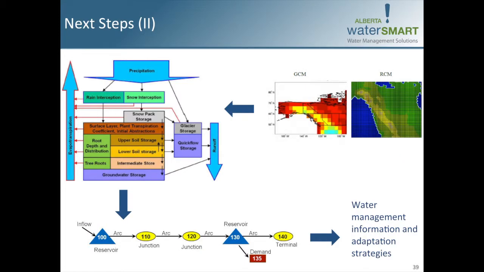Another next step, once we have that integrated model, is to start doing some of this physically based modeling in the basin. So you can actually start looking at changes in land cover, changes in land use, and how those affect runoff, timing of runoff, magnitude of runoff, etc. And the other thing is, with global climate models and even regional climate models, if you have a physically based system like this, you can actually take the precip and temperature outputs from this, run it through the physically based model, and again, provide more output and different output to explore different scenarios and what-if scenarios around management practices and opportunities for adaptation in the mass balance models.